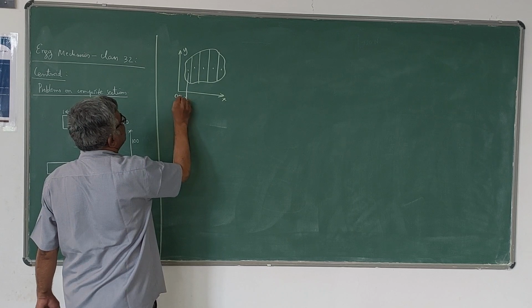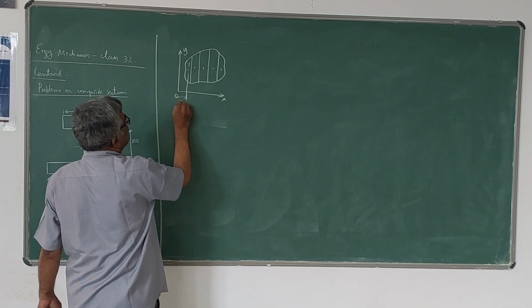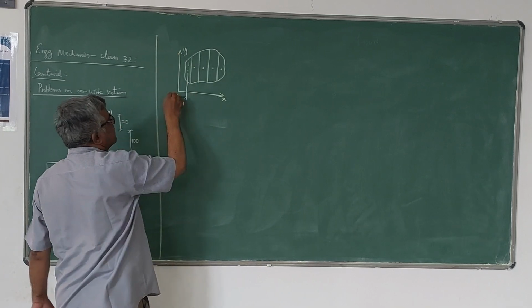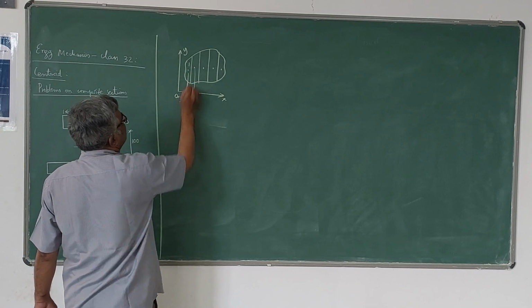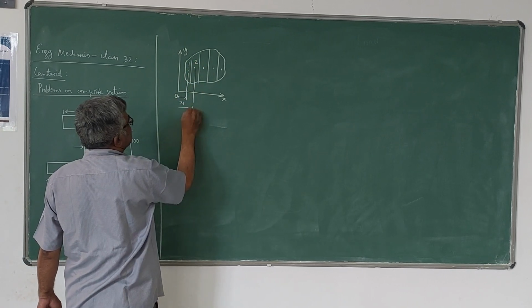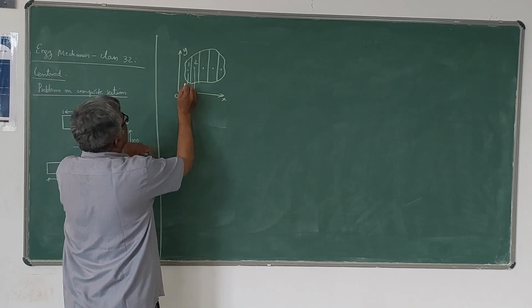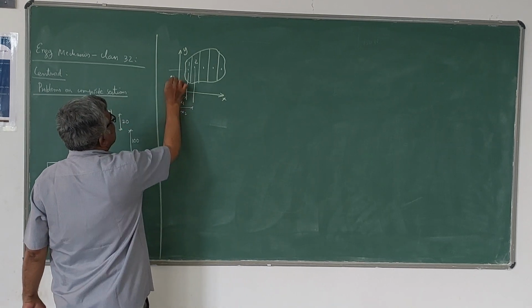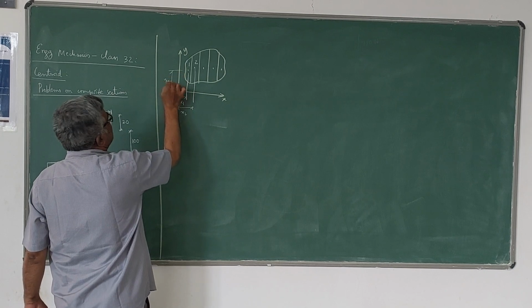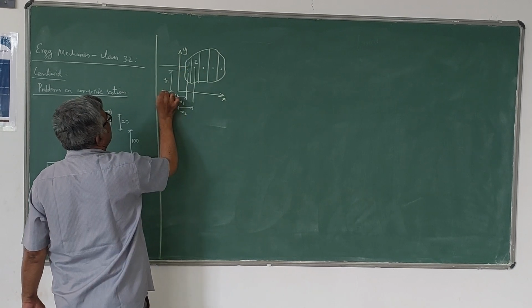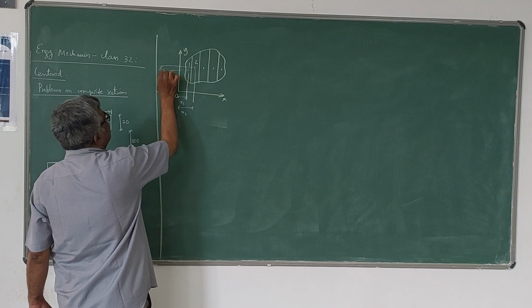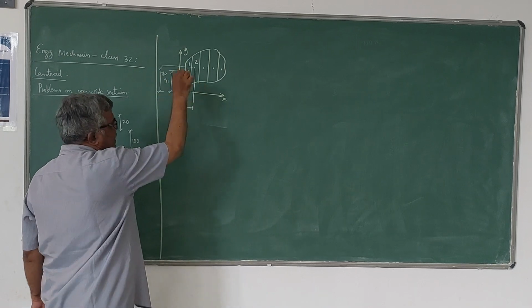For example, this is the first section, and its horizontal distance from the y-axis is x1, and for the second one the horizontal distance is x2, and similarly x3, x4. The vertical distances you can take as y1, y2, y3, y4, measured from the x-axis.